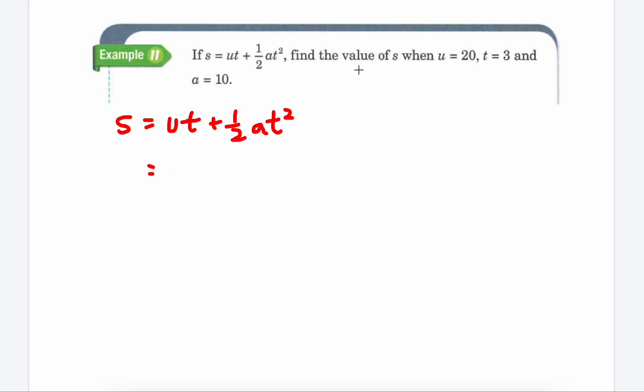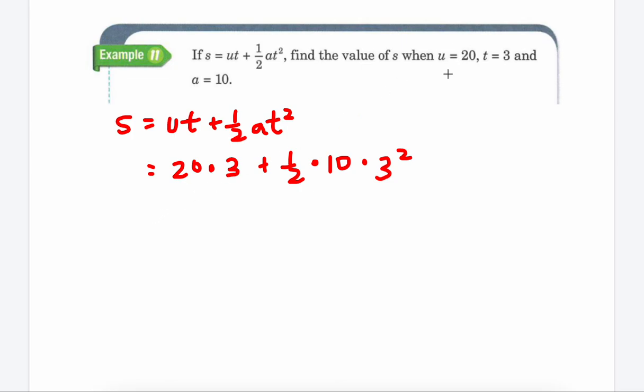All right, so let's replace U with 20. Let's not write the X. Let's do our dot. How about that? 20 times T is 3 plus 1/2 times A is 10 times, let's see, T again, 3 to the second power.